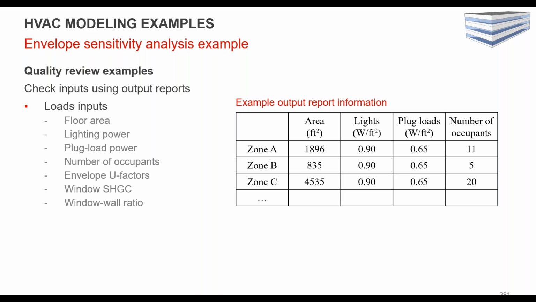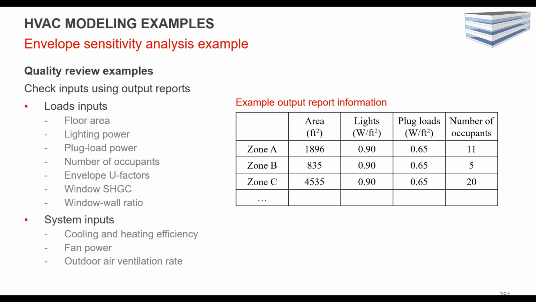So most software will have a simplified output, or you can just look at the input sheets that came out of your software when you were inputting the data as well.